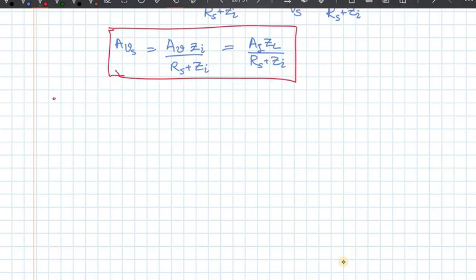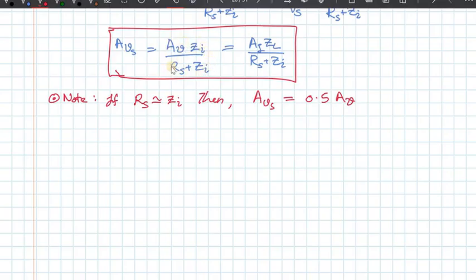Again, note that if Rs is approximately equal to the input impedance Zi, then Avs is actually equal to 0.5 times Av. From this expression, Zi divided by Rs plus Zi, if Rs is equal to Zi, you have 0.5, half.